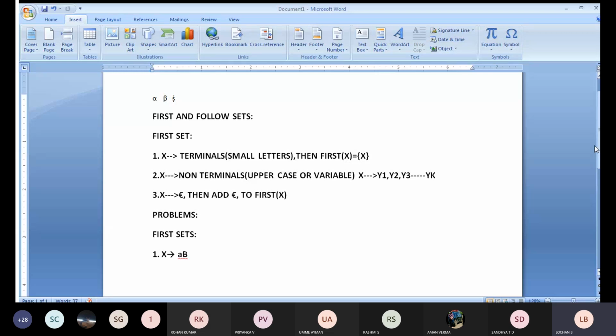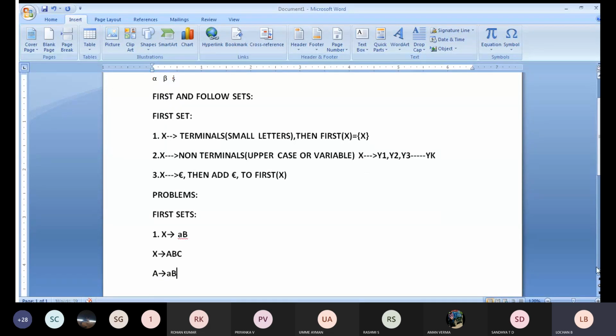For example, X implies capital letters A, B, C. First you check the A production. If any terminal is there, you retain the answer as that small letter a.